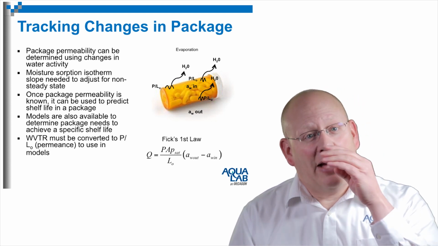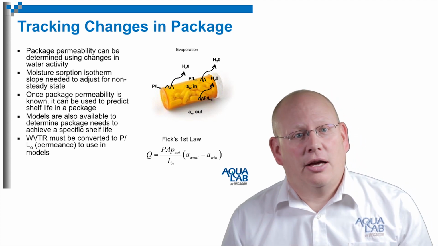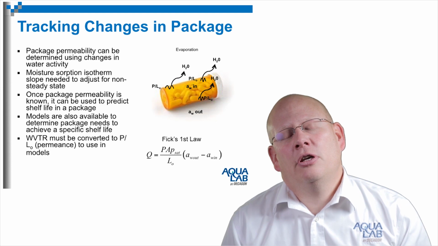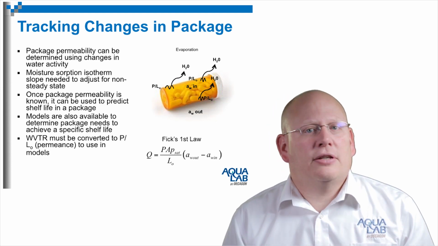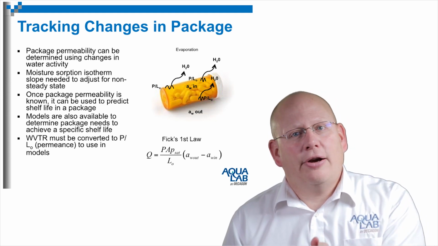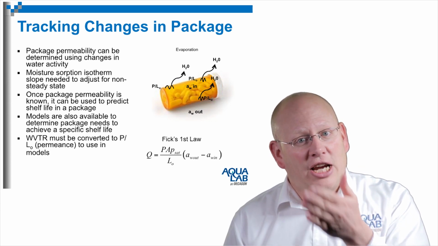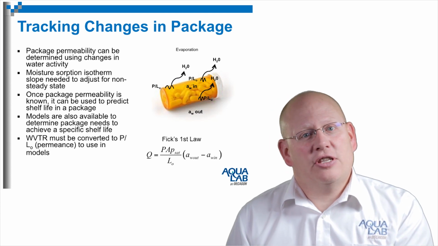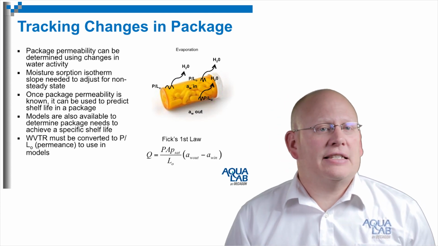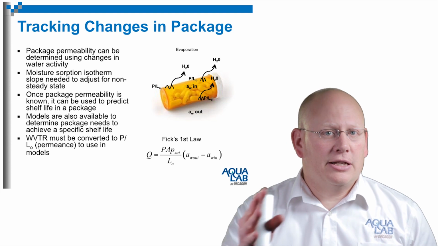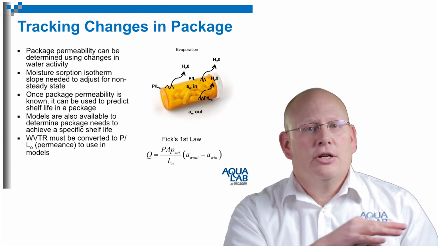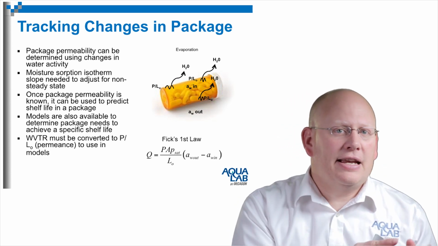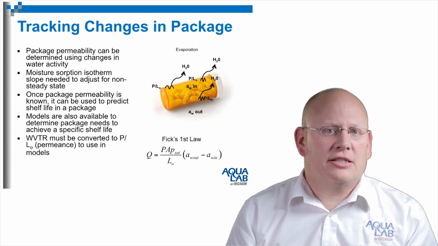And then you can take that value and plug it into equations that are based on Fick's first law of diffusion, and figure out exactly how much the water activity of the product in the package will change based upon its permeability properties, as well as the conditions that it's exposed to, and by establishing some sort of a critical water activity based on the information that we've already talked about. So all the work prior was to figure out where that critical water activity is that's going to maintain the stability for the amount of time that's acceptable.